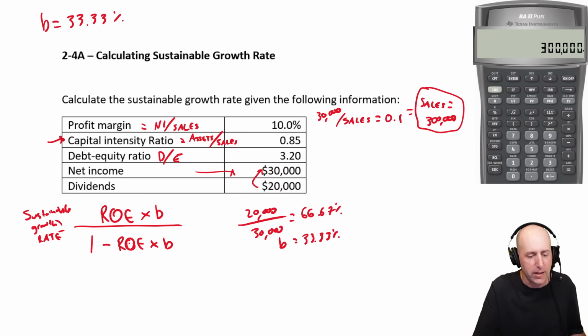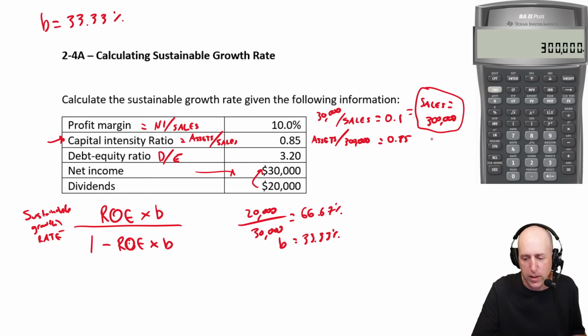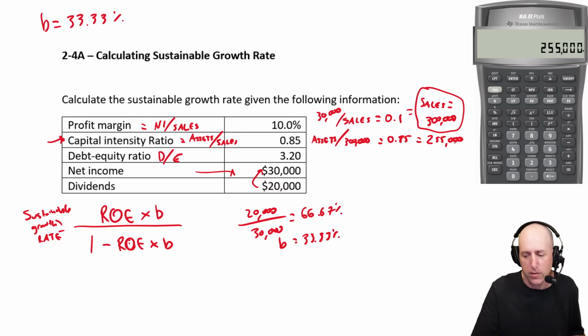We can use that in this next ratio where we know assets divided by sales is 0.85. So assets divided by, now we know our sales, 300,000 equals 0.85. So assets is 300,000 times 0.85. 300,000 times 0.85 means our total assets are $255,000.